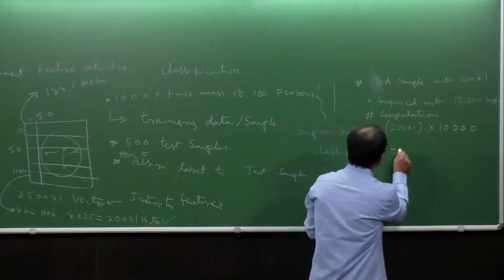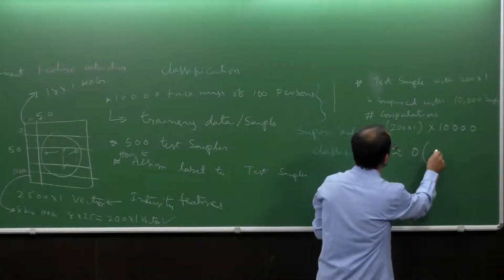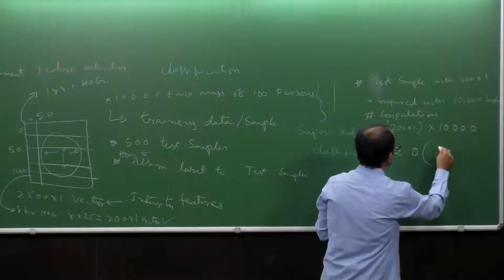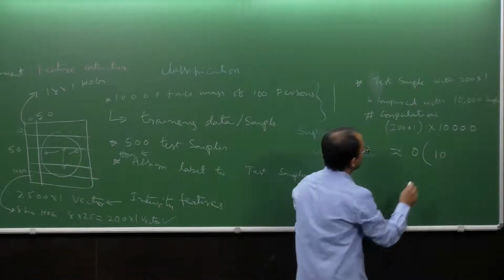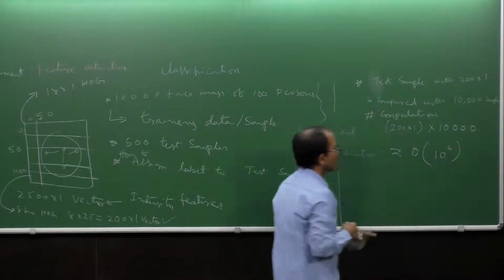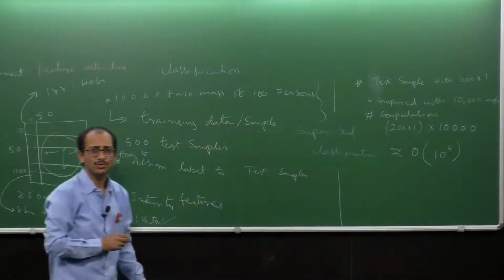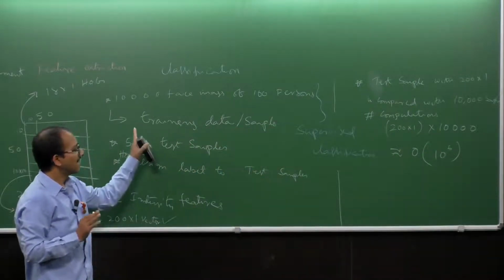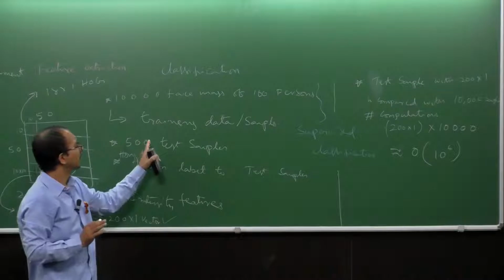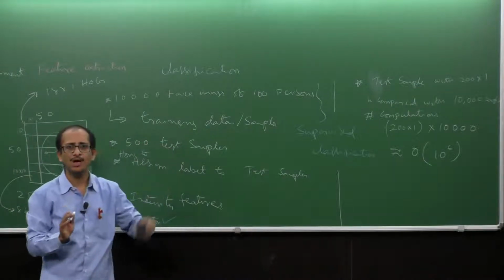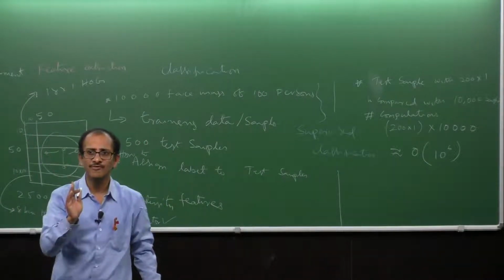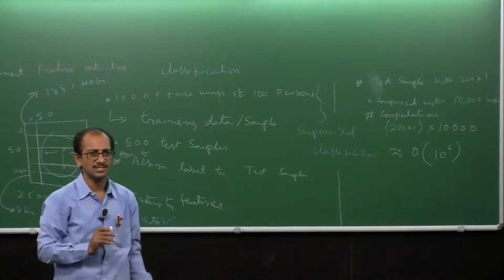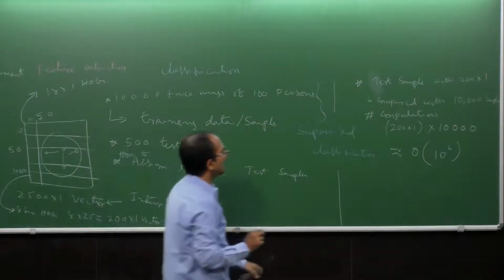So it's approximately of the order of how much? 10 power 6 operations we need to do for assigning a label, or saying that this test sample belongs to the face of a particular person. I need this many computations. By what method is this done?